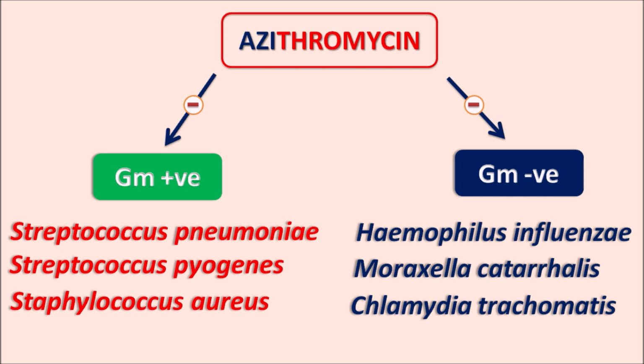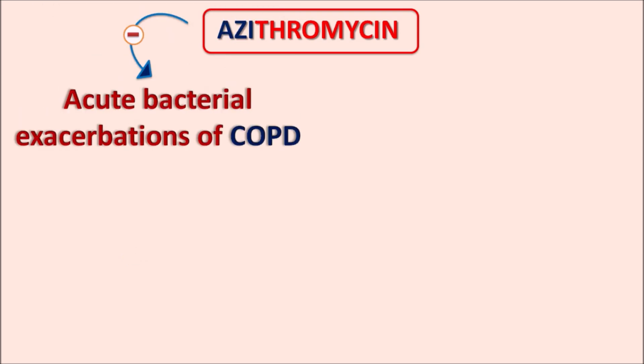This drug shows a broad spectrum of activity and long duration of action, but azithromycin should be used only on confirmation of a bacterial infection. Without any bacterial infection, the use of azithromycin may lead to resistance in the patients. That's why azithromycin is clinically used for acute bacterial exacerbations of COPD, chronic obstructive pulmonary disorder.